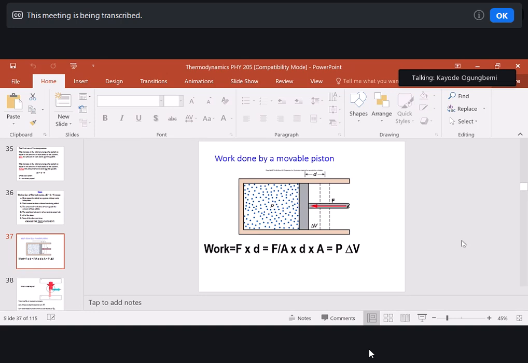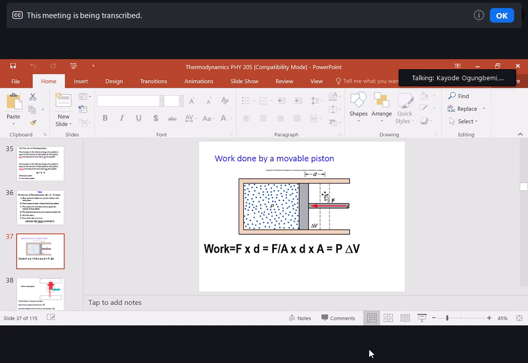We have a piston and we have gas inside the piston. This type of system is a closed system. You can decide to move the piston up and down as you are looking at it. If the piston is at point A before, where you have the dotted line, can you see the dotted line, class?